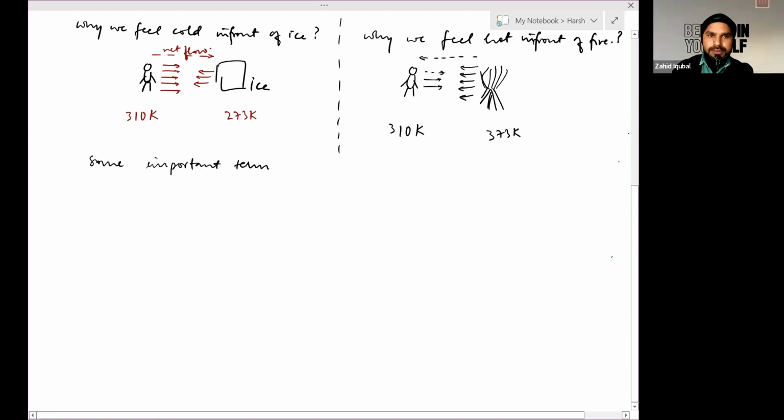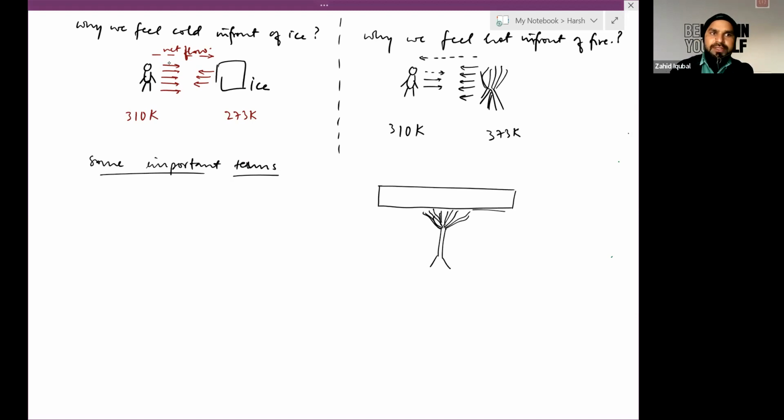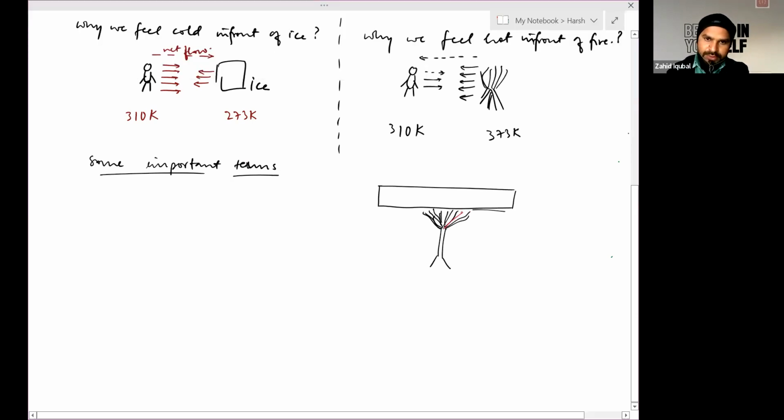Some important terms. Suppose you have a body placed over a flame like this. We may define three different terms. Suppose this particular radiation is falling on it, and let's say this is Q incident. Some radiation gets reflected back, so there will be QR.